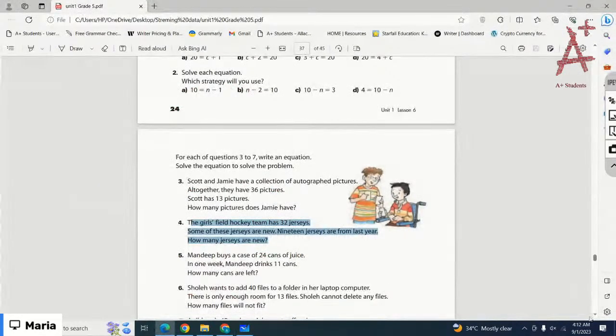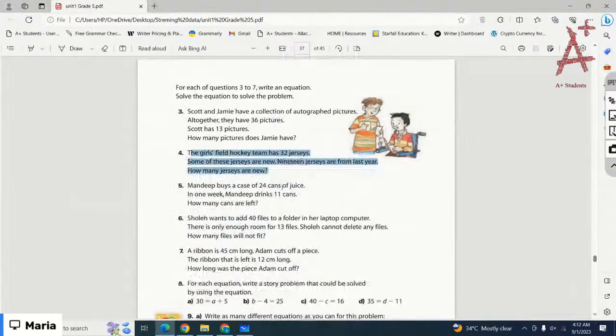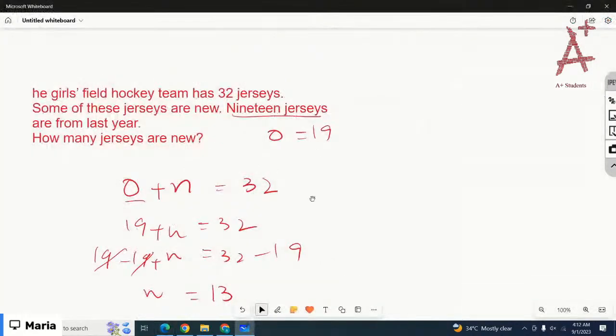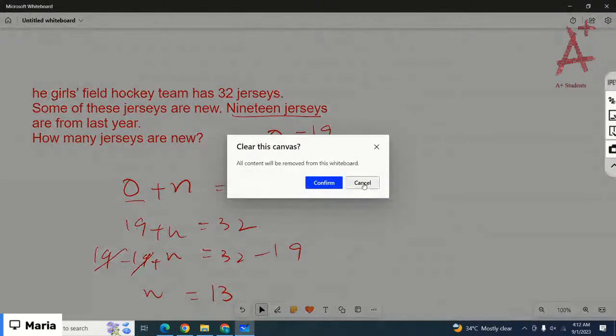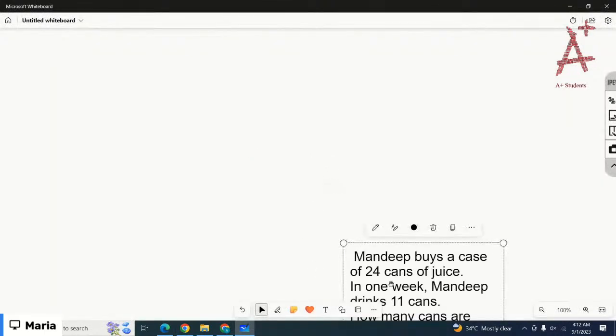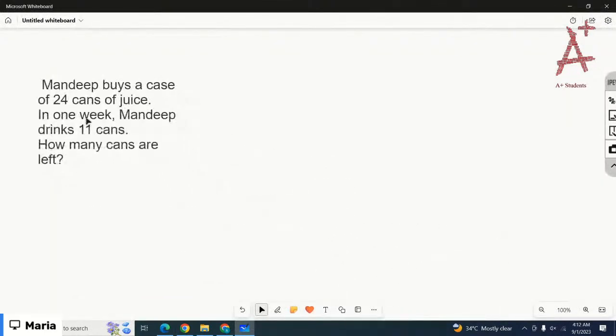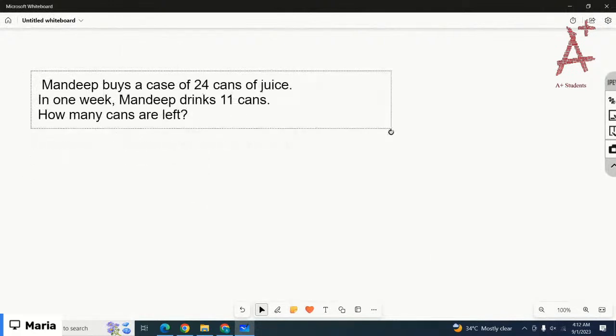The next one is: Mandeep buys a case of 24 cans of juice. In 1 week, Mandeep drinks 11 cans.